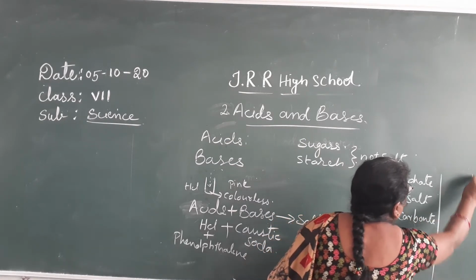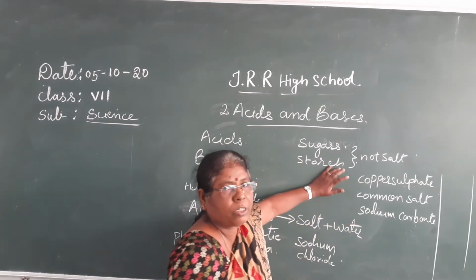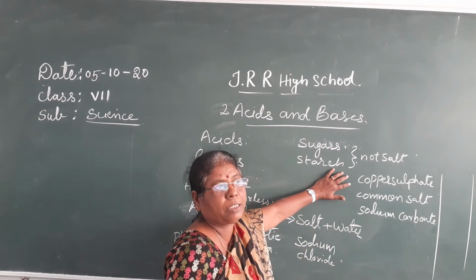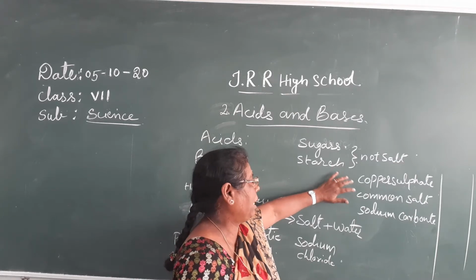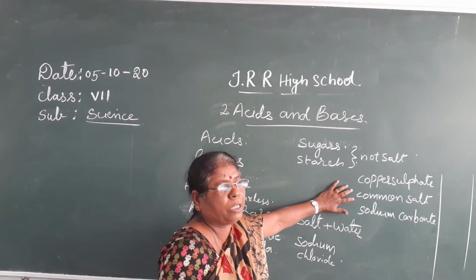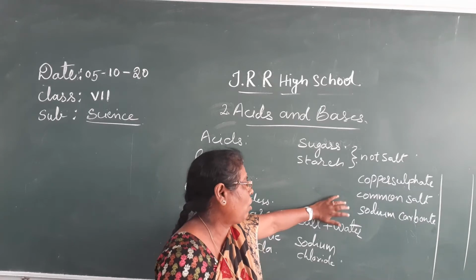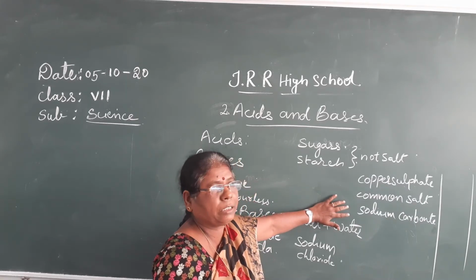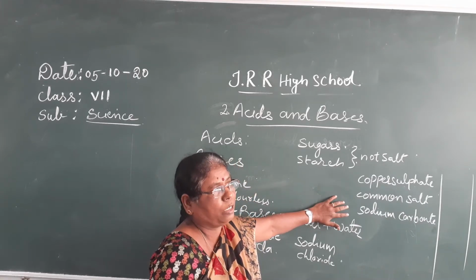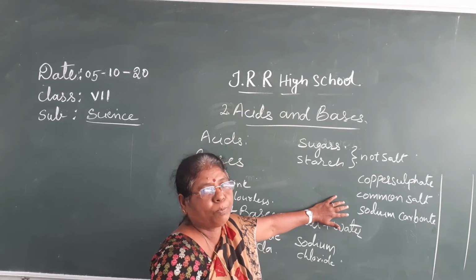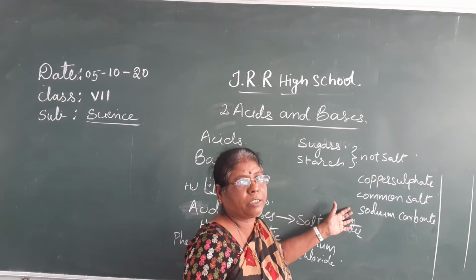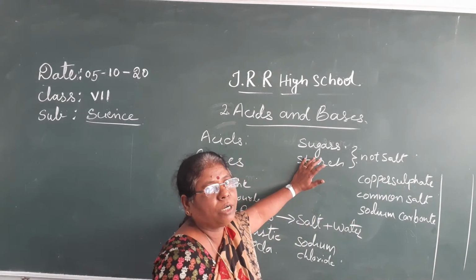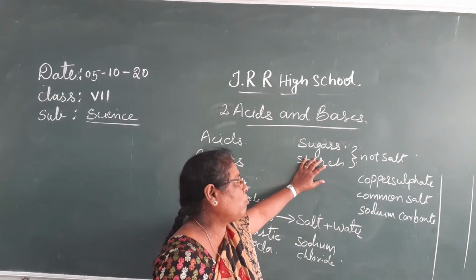Now you have to find out whether this copper sulfate is acidic or basic in nature, and whether the common salt is acidic, basic or neutral, and whether sodium carbonate is acidic, basic or neutral, by using litmus paper. First, all these you will get in the solid state. You have to make them into a solution by adding water.